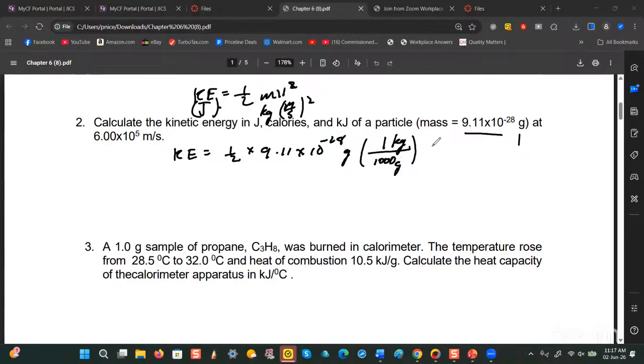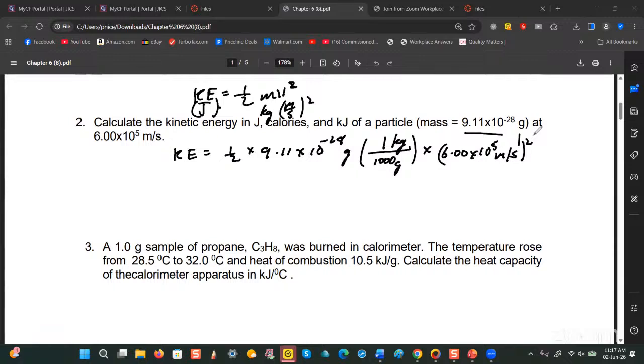Then we multiply that by the velocity squared, which is 6.00 times 10 to the 5 meters per second, all of that squared. Let's see what that gives.